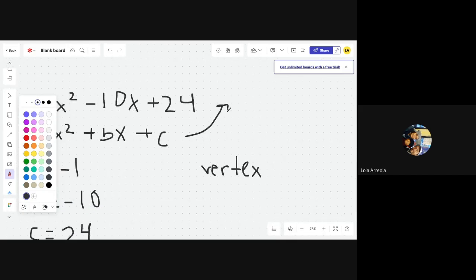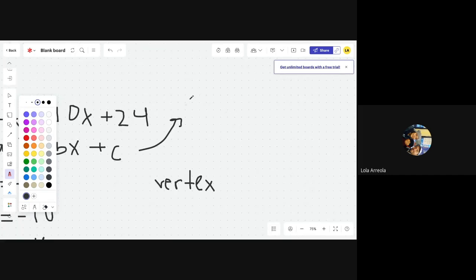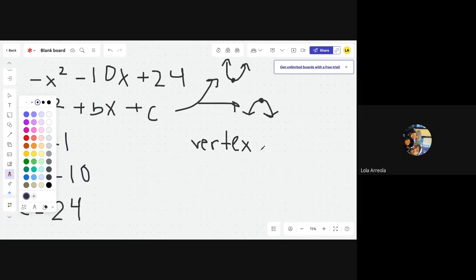Ax squared tells me that I have a parabola, either a u going up or a u going down. The vertex is this point or this point, depending on whether I have a u going up or a u going down, but it's either the lowest or the highest point. So I've got to solve for that vertex.